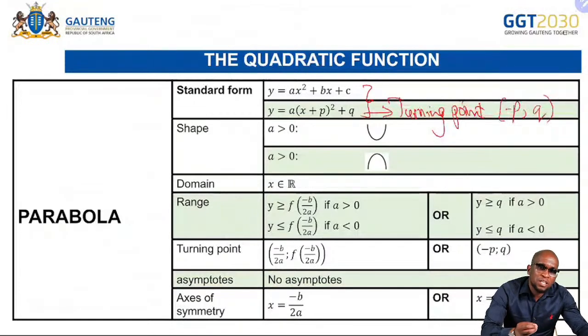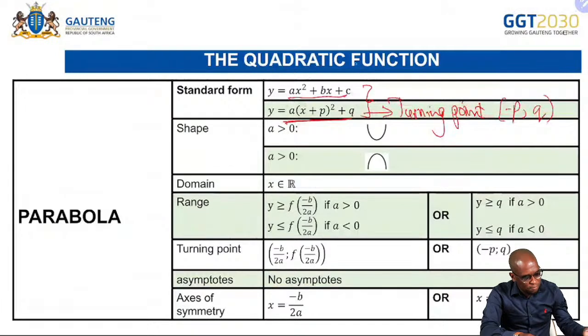So if we are given the turning point, then normally the equation is written in the turning point form. And then we have this ax squared plus bx plus c, which is another standard form. That's what we usually use when we find our x-intercepts and our y-intercept. We know that there's a way of finding the turning point using that form as well.